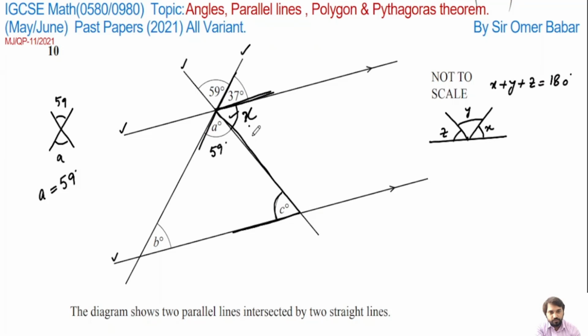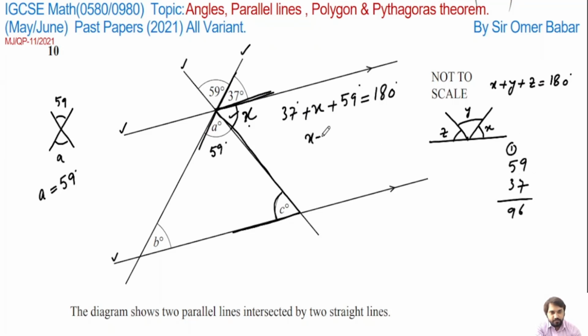So using this rule, we calculate the value of X. 37 degrees plus X plus 59 degrees, that is A, is equal to 180 degrees. Adding 59 and 37, we have 96.